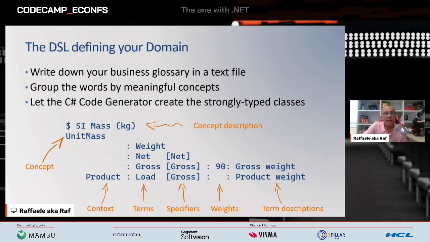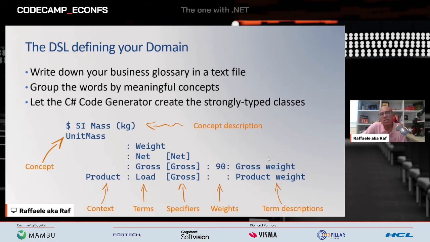Otherwise, it's something else that must be defined elsewhere in the DSL. And this weight can give you some weight in order to process and have more probability to assign this term to unit mass instead of others.